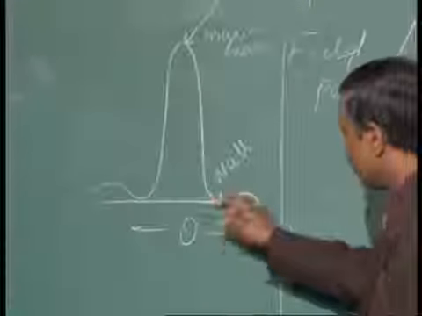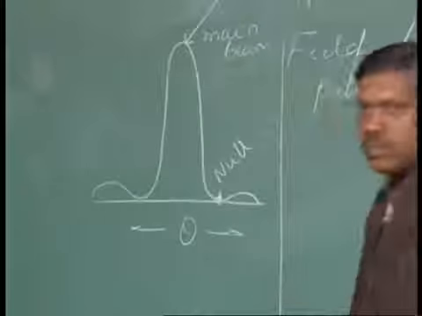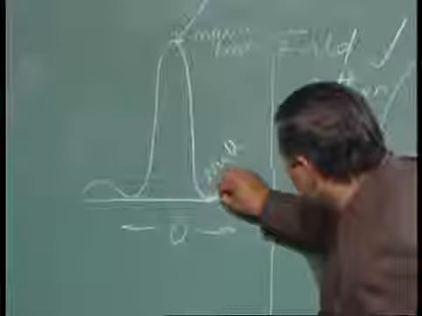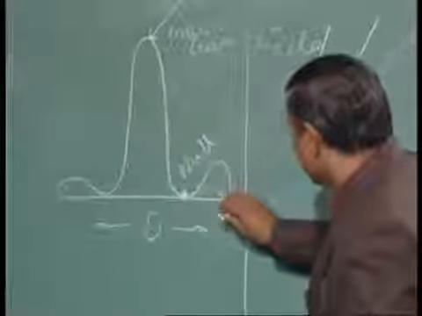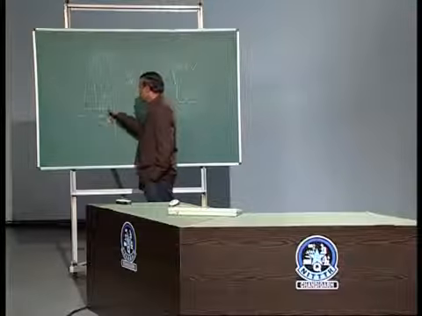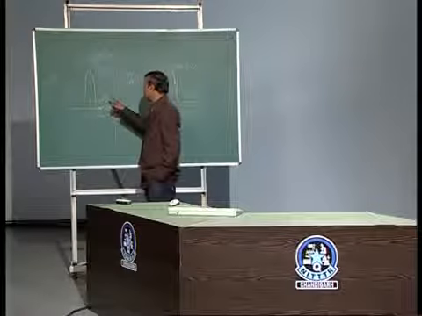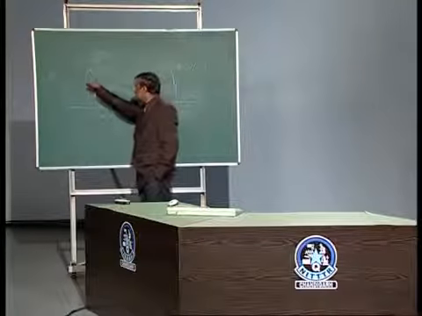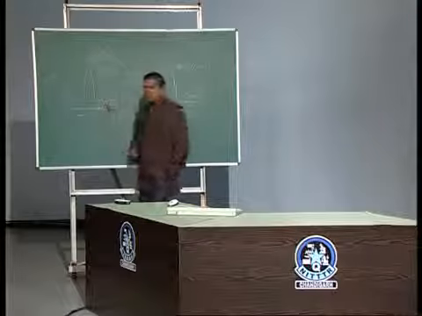After touching a null, again there is a distribution, the signal is getting distributed over a region in a particular direction, and this distribution has a field strength or power which is not equal to the main lobe, but is less than the main lobe.